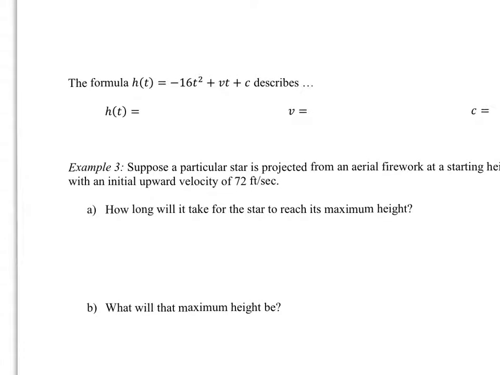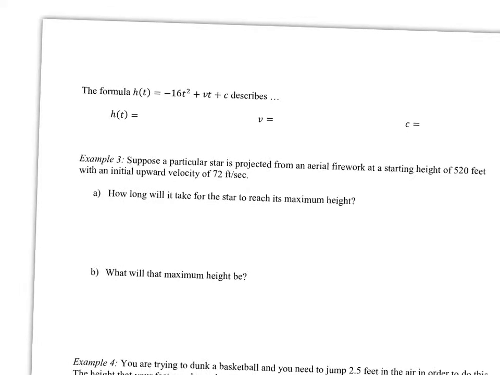Now, one of the applications of parabolas is projectile motion, throwing something up in the air or having something go off from a cannon. So, you can model projectiles with a quadratic. A projectile motion is defined as h of t.